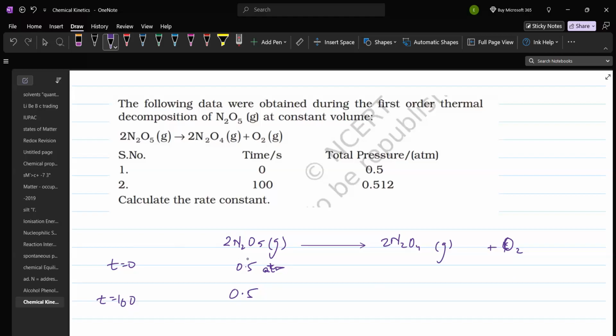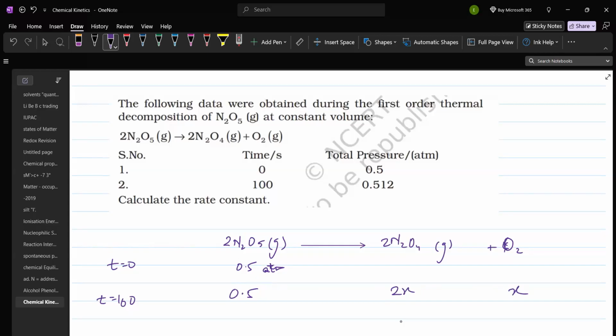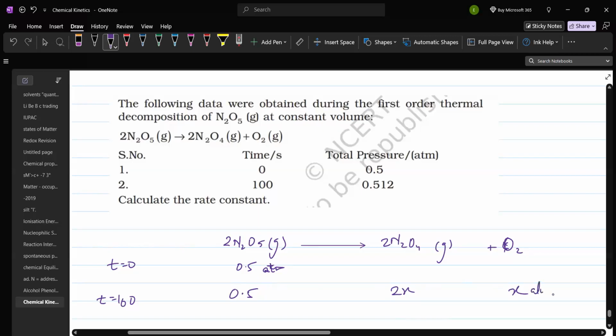So please see, we are forming x mole of O2, and we can say moles also, we can say pressure developed also. So x atm of oxygen, and 2x atm of N2O4 we can see.